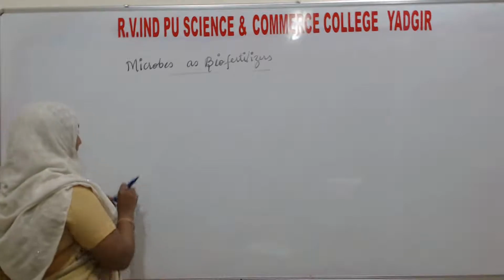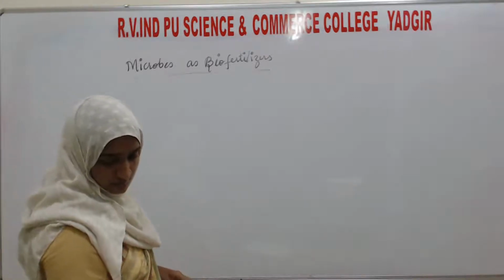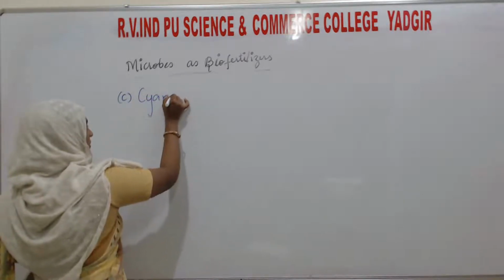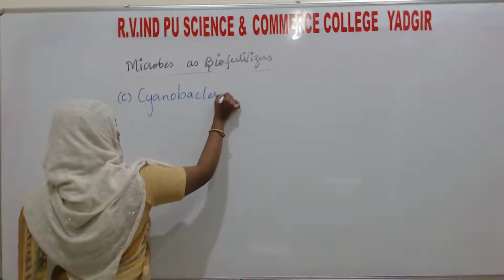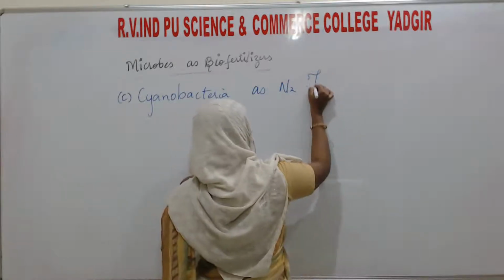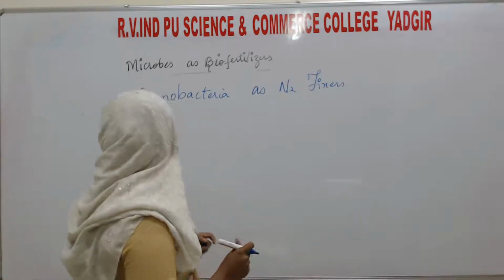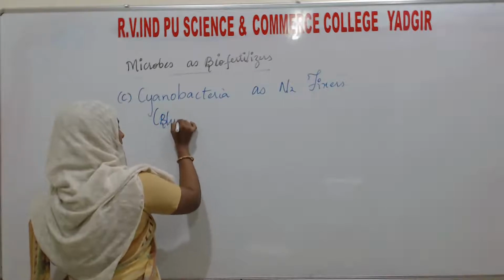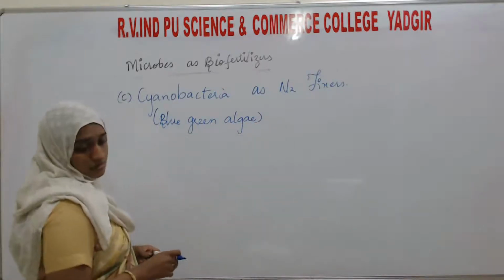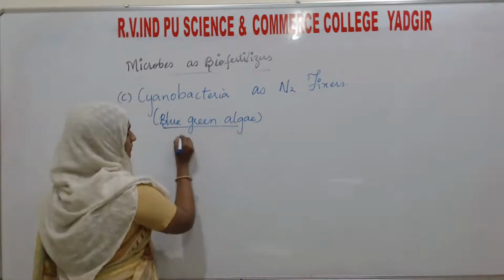Cyanobacteria as nitrogen fixers. Some of the cyanobacteria, that is blue-green algae, are important nitrogen fixers of rice field.